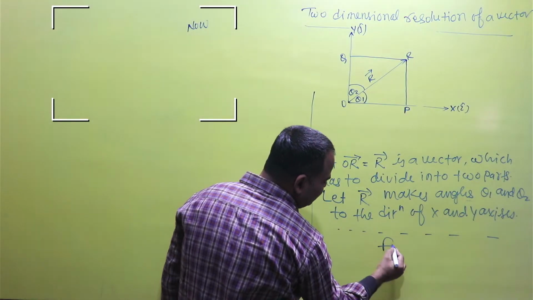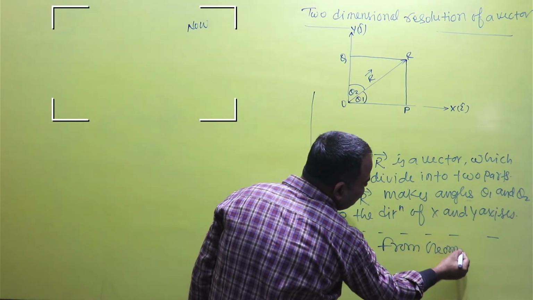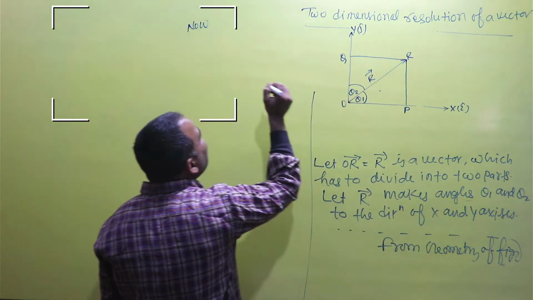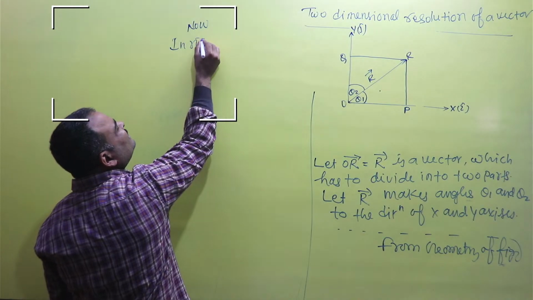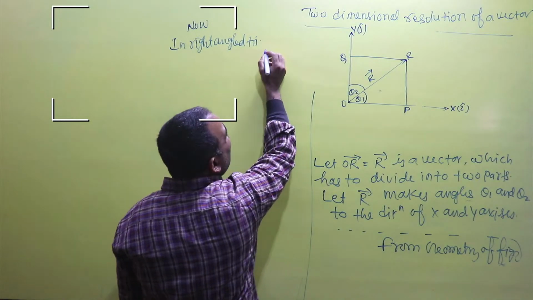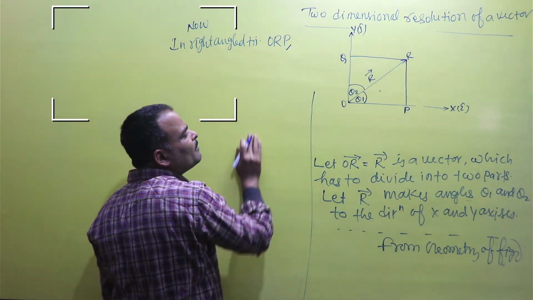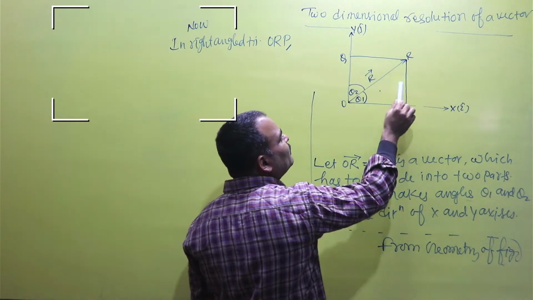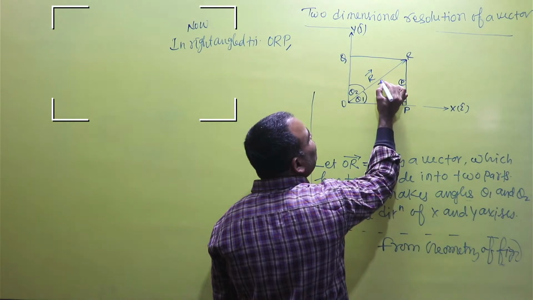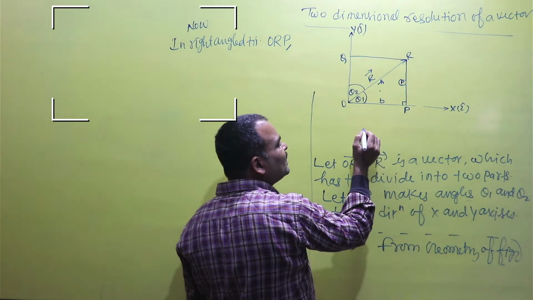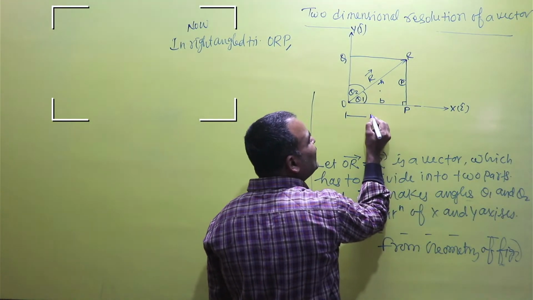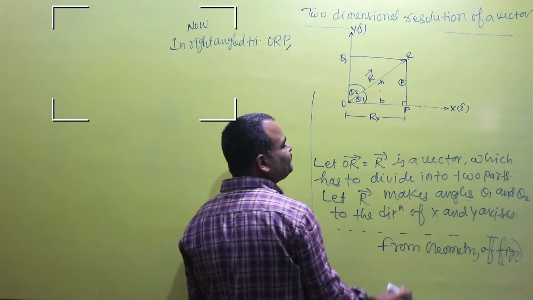From geometry of figure, in right angled triangle ORP, we already know that the front side of the angle will be perpendicular P and the front side of 90 degree will be hypotenuse and the rest will be base, and we have to find the x component of the vector along the x axis, called Rx.